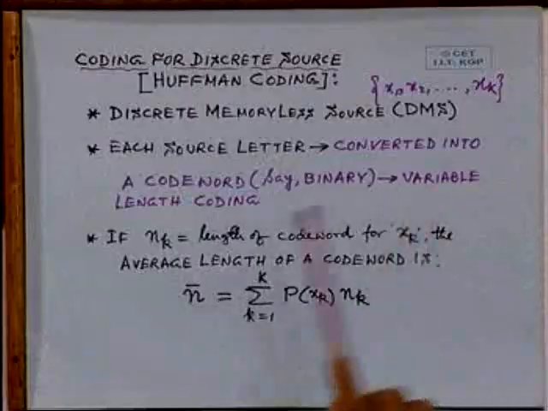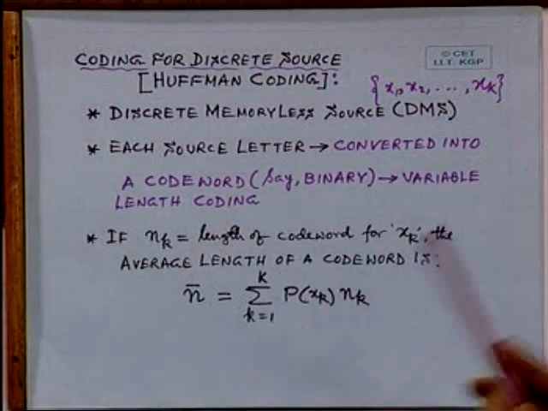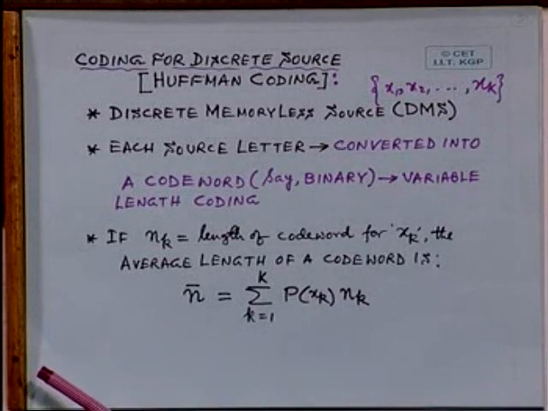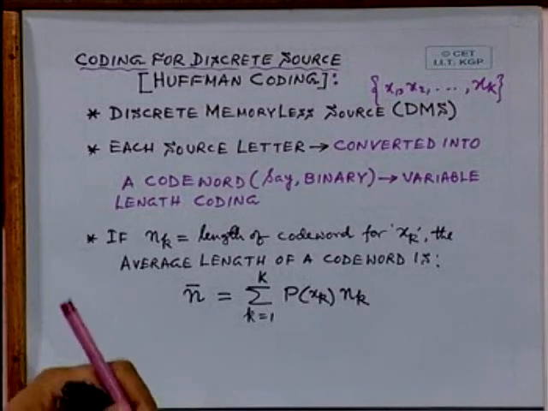So, we convert each source letter into a code word, usually binary, at least let us consider binary for our understanding. It is not necessary that we assign the same length binary code word for all the letters. That means this code word generation may have various lengths for the code words, and we call this kind of coding variable length coding.